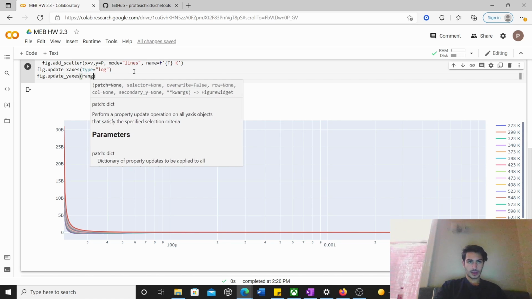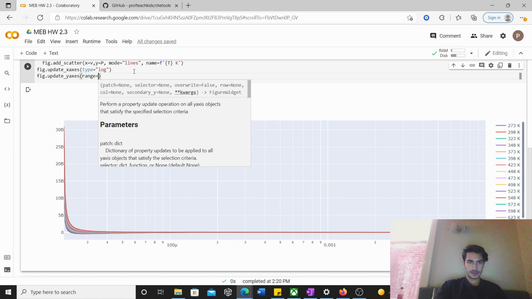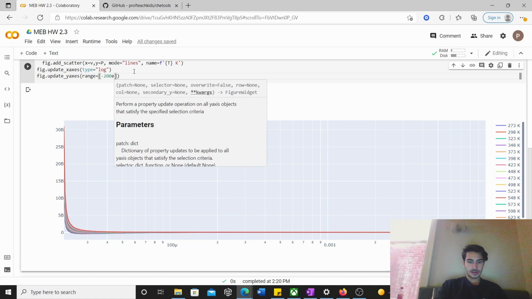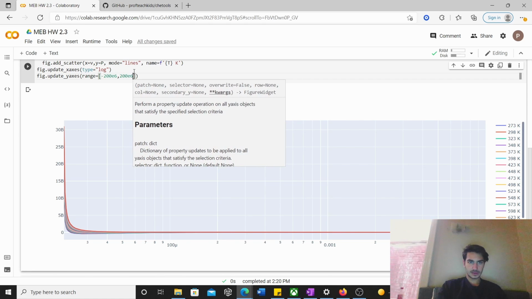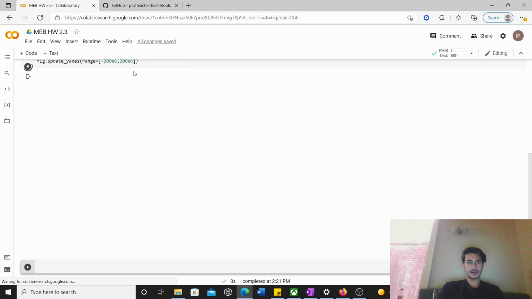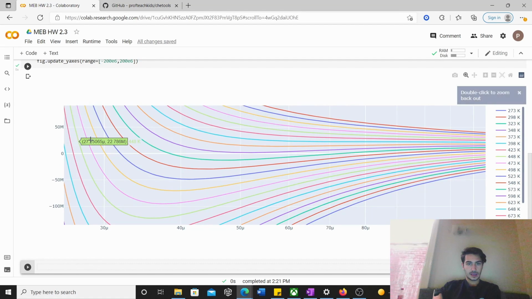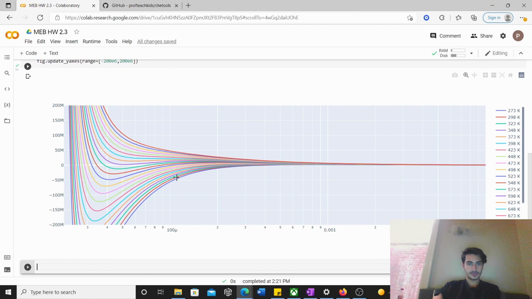Then we're going to add a range, and this range is going to be, let's say, negative 200e6 all the way to 200e6. Shift enter, and now we see that we get this new graph, which is a lot easier to read and a lot more satisfying to the eye. Right, so there we have it.